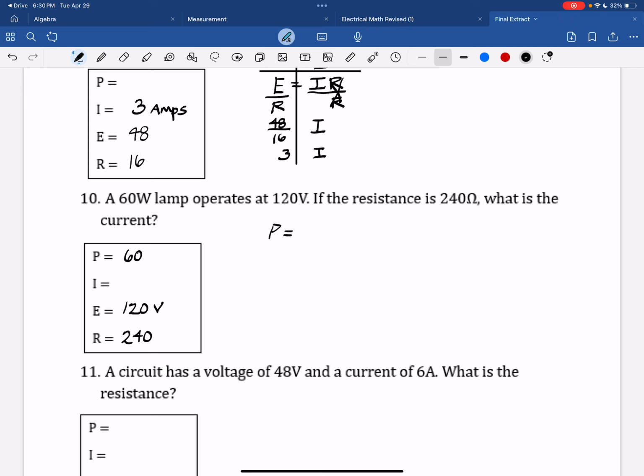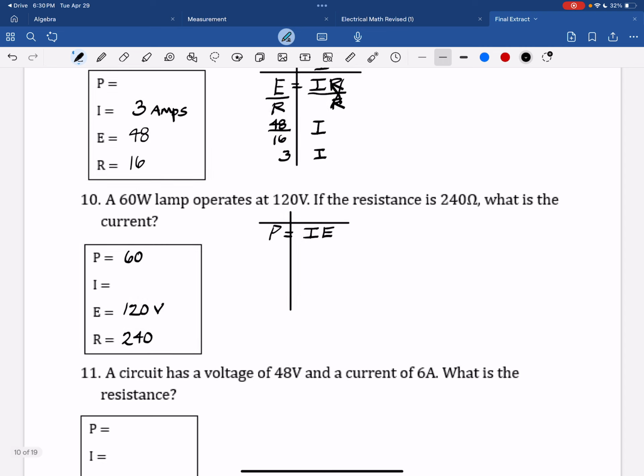I'm going to do them both, just in case you want to see one or the other. So set up your scaffold. We want to solve for I, so we want to leave I alone, and then anything that's not I, we're going to put over here.